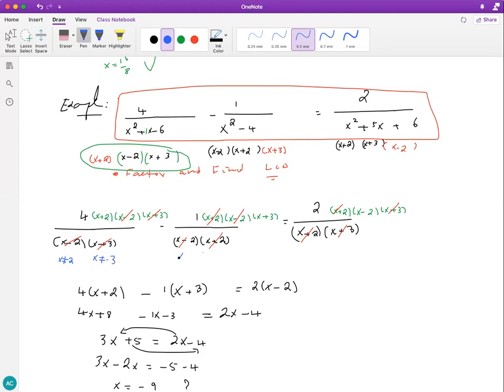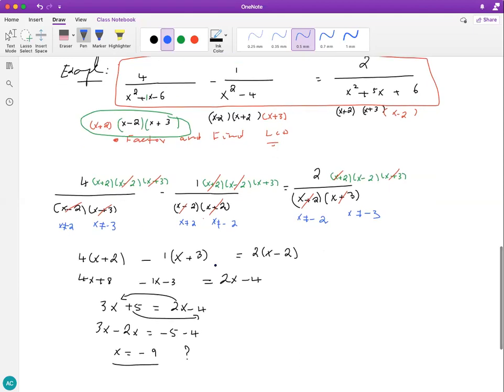For this one, x can't be 2 again. And x can't be? Negative 2. Very good. Finally, this factor here, x can't be? Negative 2 and? Negative 3. Exactly. So all these values again are not good. These are undefined. They cannot be taken as solutions.